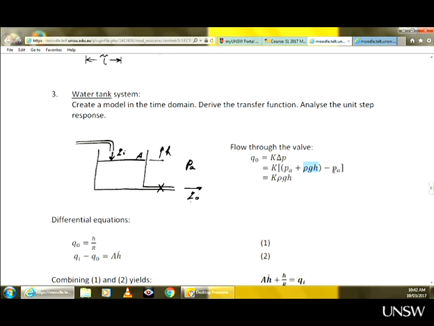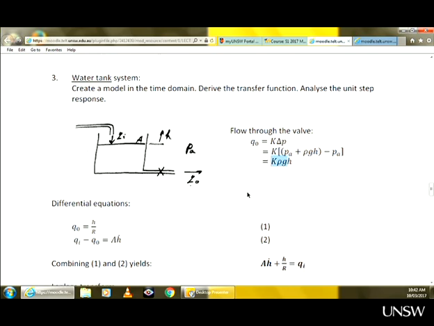So minus Pa and plus Pa will cancel each other. So flow through the valve, or the outflow from the tank, will be equal to K rho gh, where the only variable is h. Height changes as Qi changes or Qo changes.